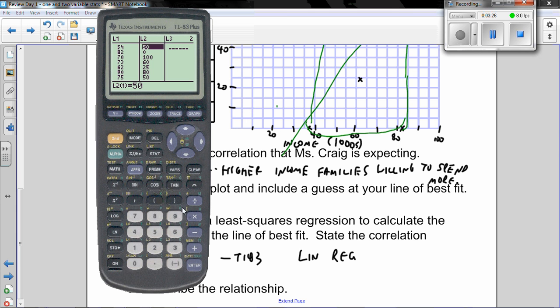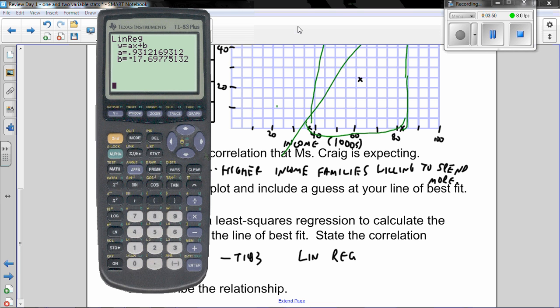I put that all in there, and then how we get it to actually come up with the good stuff is to run linear regression, right? So that's under the Stat Calc menu again. Stat Calc, and then I go down to linear regression. The defaults, remember, are list 1 and list 2, and that's where our data is. So I'm just going to press enter, and then it comes up with a line of best fit, right?